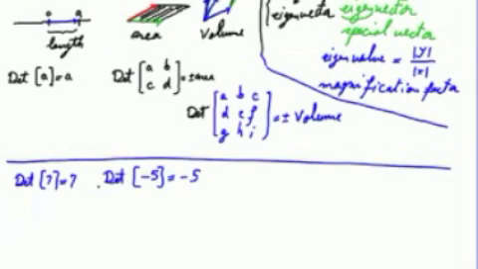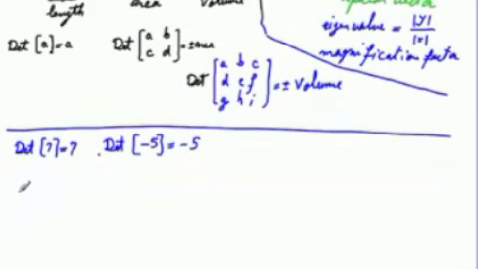Now, what if I had a 2 by 2 matrix? How do I calculate the determinant of it? Let's write an example, like 3, 4, 5, 7. Many of you might have seen this in your algebra classes back in high school or in your calculus classes.